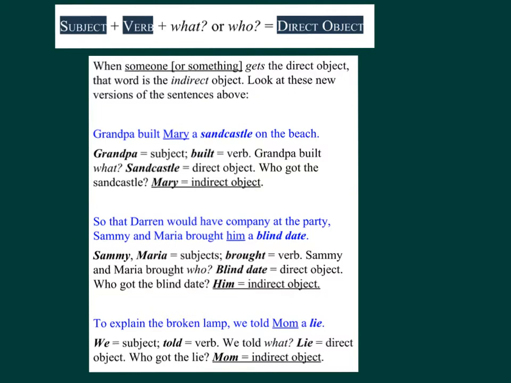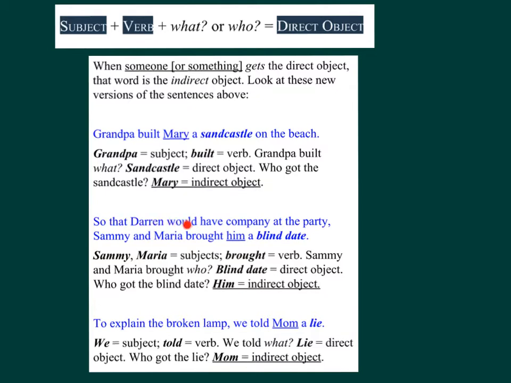Let's look at another example. So that Darren would have company at the party, Sammy and Maria brought him a blind date. Sammy and Maria are the subjects. Brought is the verb.